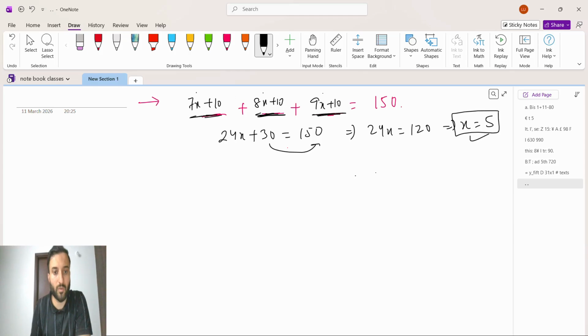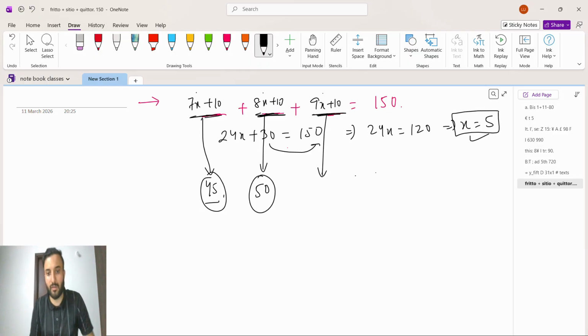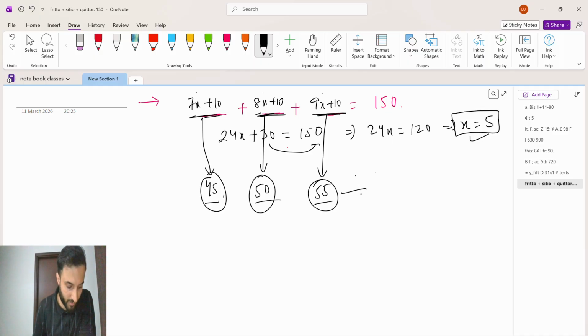We got x as 5, so let's find these ages. 7 times 5 is 35, plus 10, 45. 8 times 5 is 40, plus 10, 50. 9 times 5 is 45, plus 10, 55. If you add all, 45 plus 50 plus 55, you are getting 150. Yes, 45, 50, 55 is the correct answer.